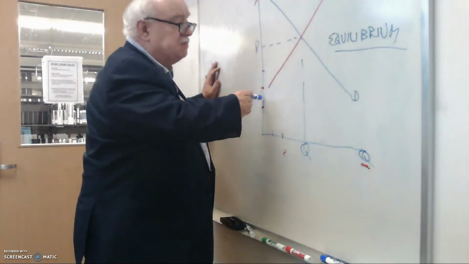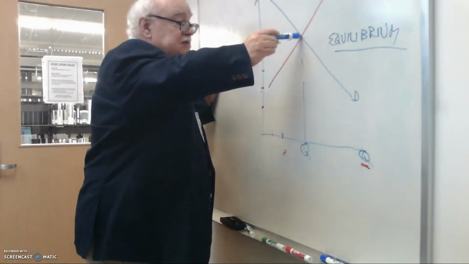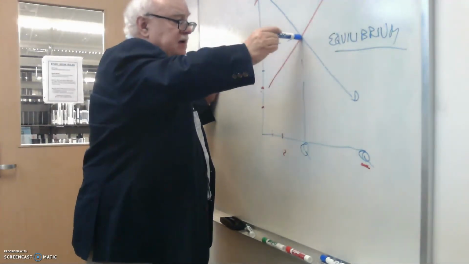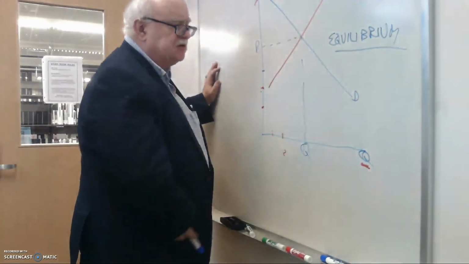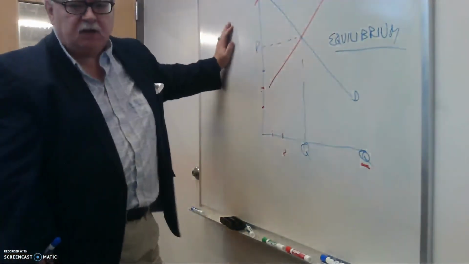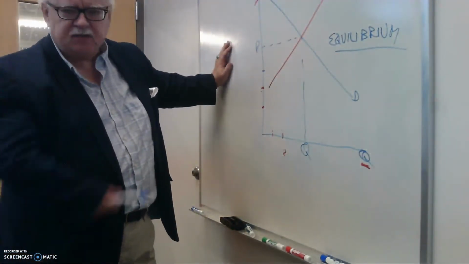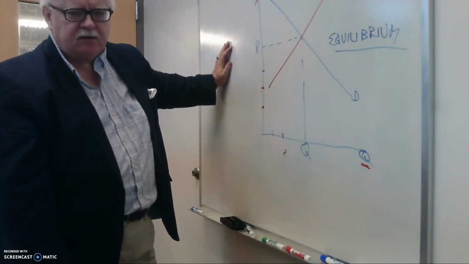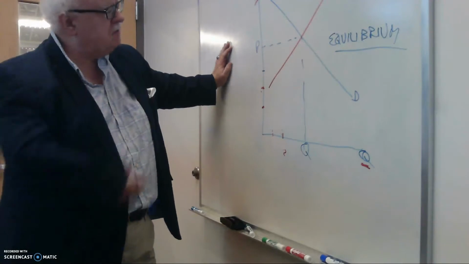And the suppliers that are willing to supply at that amount sell the whole supply, or the whole inventory. There's nothing hanging on the shelves or rotting out, so it's very beneficial.